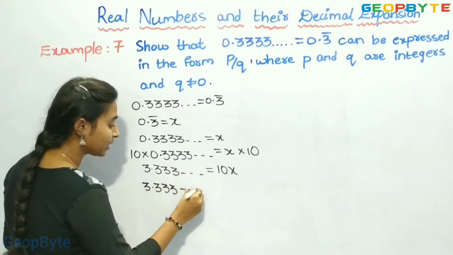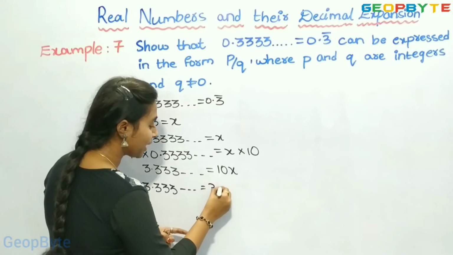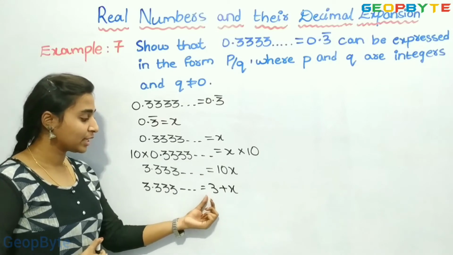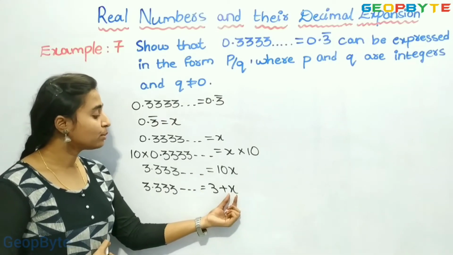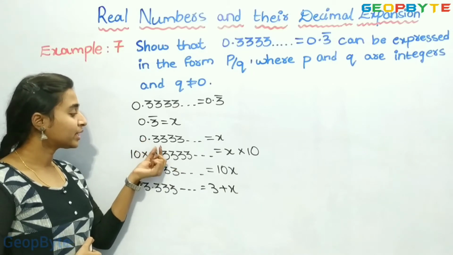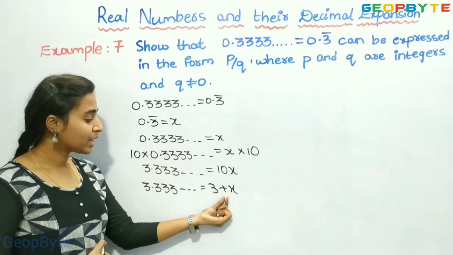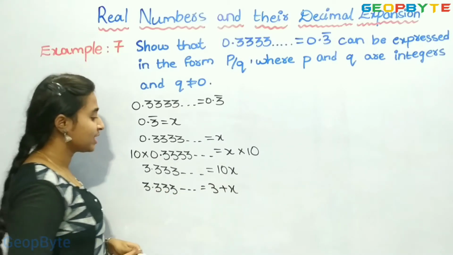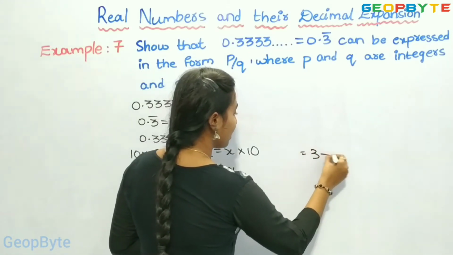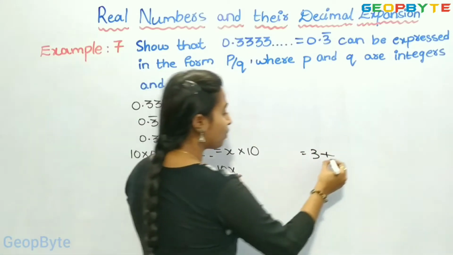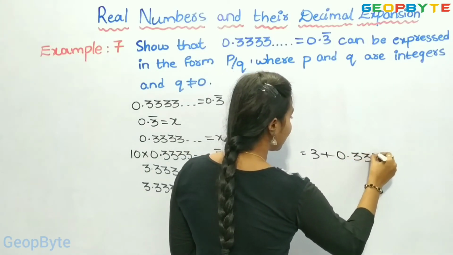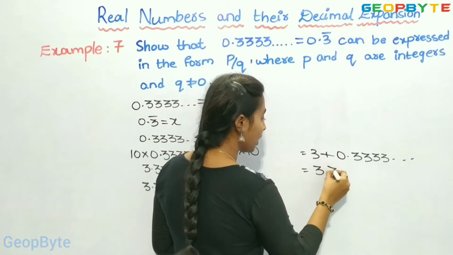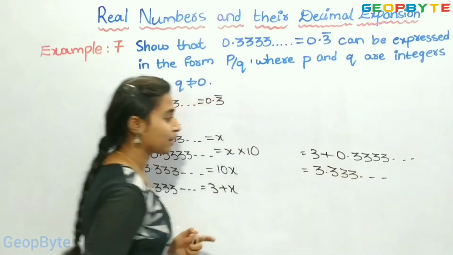If you see, 3.333 is nothing but 3 plus x. See, 3.333 and so on is nothing but 3 plus x, because we assumed x as 0.3333, and 3 plus 0.3333 will become 3.333. If you see, 3 plus x is 3 plus 0.3333 and so on. So, if we add, it becomes 3.333 and so on.